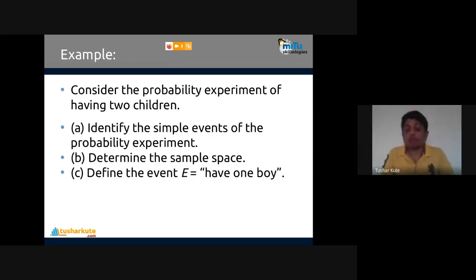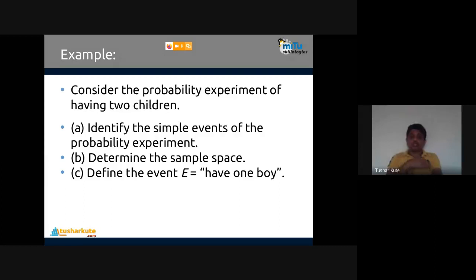Let's see examples of how probability notations are used. We'll talk about it and then go to conditional probabilities. Consider the probability experiment of having two children. A person will have two children, and in those two children, one is a boy and another a girl, or both are boys, or both are girls. We have to find the probability. Identify the simple events of the probability experiment, determine the sample space, and define the event E as having a boy.